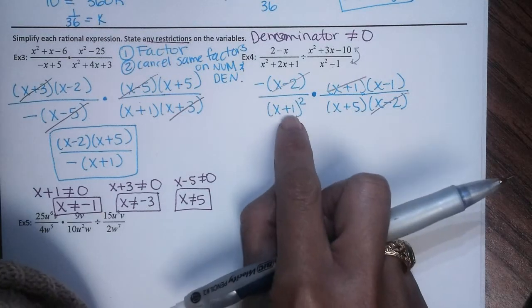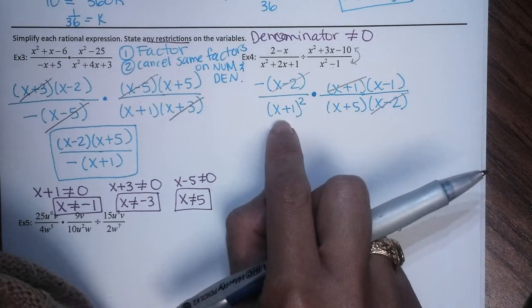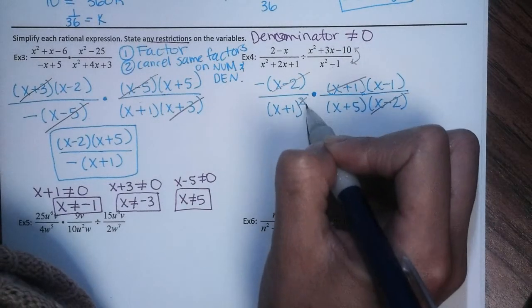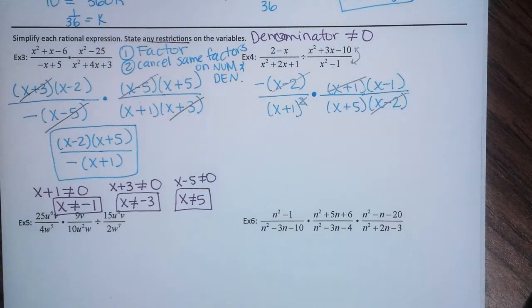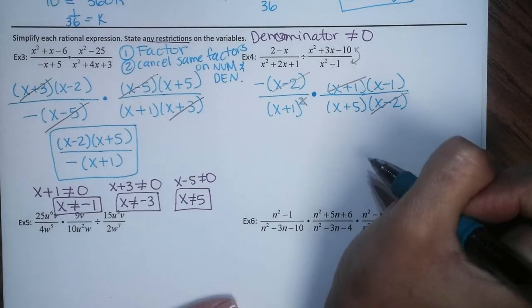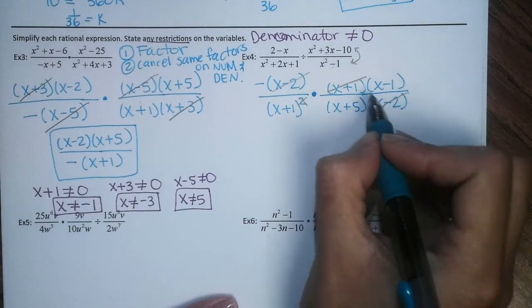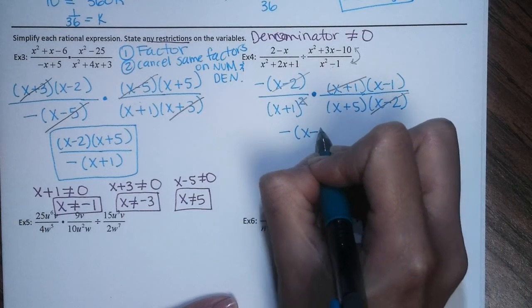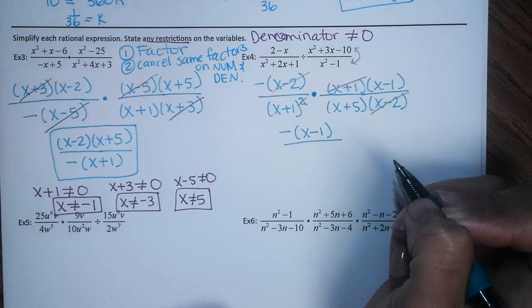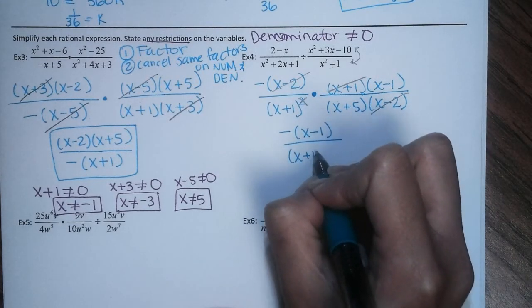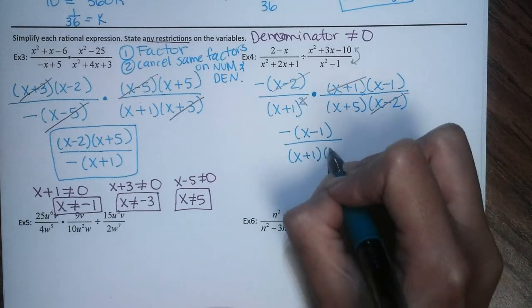You have x plus 1 squared, so that means you have x plus 1 times x plus 1. So let me just cancel one of those. So you're left with a single x plus 1. So again, your answer in factor form will be, on my numerator, I have a negative, parentheses x minus 1. On the denominator, I have the x plus 1 to the first power times x plus 5.